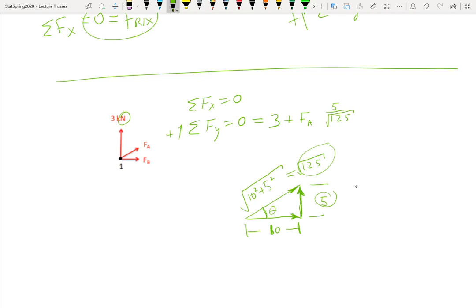And so that's the equation. You've got a component going this way and a component going that way. As you move the 3 across, you get minus 3 equals FA times 5 over the square root of 125.